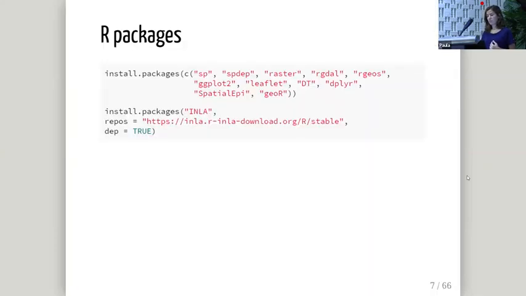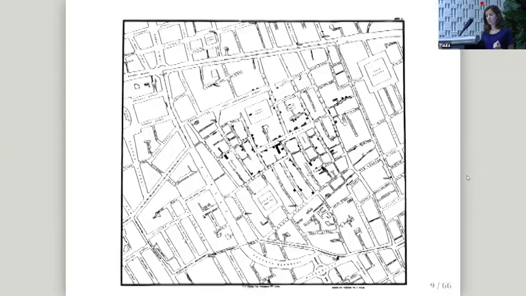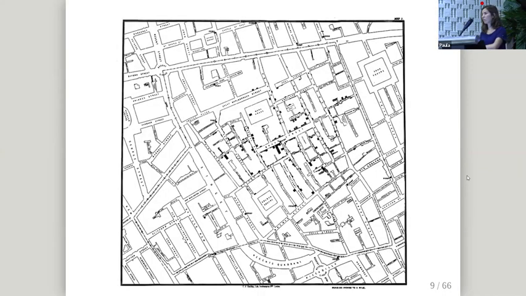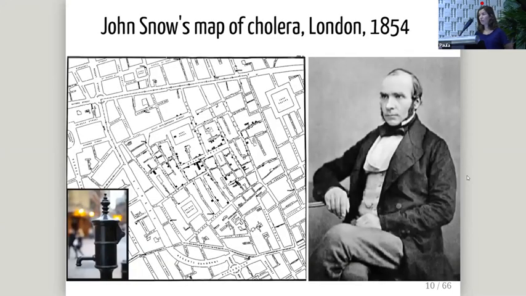Okay, so let's start. So who has seen this map before? Okay, a few of you. So for those who haven't seen the map, this is a John Snow map of cholera in London in 1854. So in that year, there was an outbreak of cholera in London, and people didn't know how it occurred, because they didn't know how cholera was transmitted. They thought that it was something bad in the air, but they really didn't know.